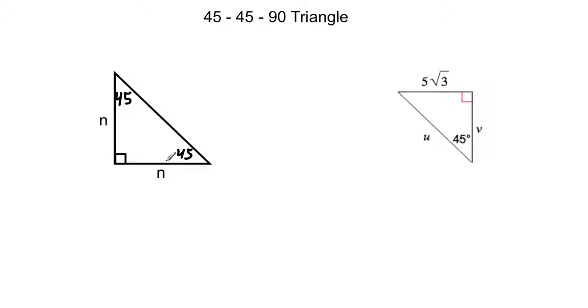We'll call it n. No matter what the value of n is, this hypotenuse is always going to be n times the square root of 2. So if n is 5, this hypotenuse is 5 square root of 2. That's it. So it's really just a matter of matching.